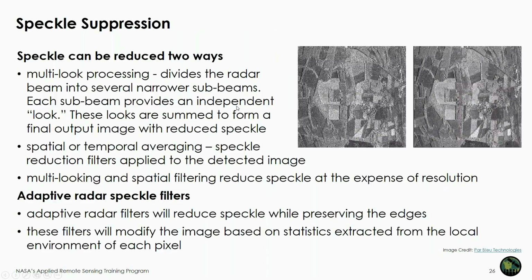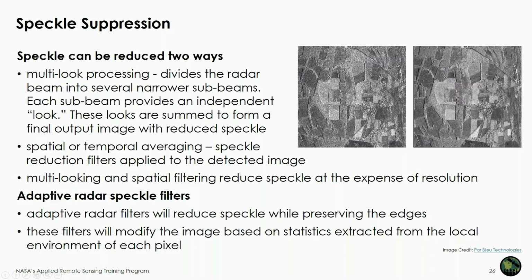There are various processing ways to reduce the effects of speckle before we do any information extraction from radar. Multi-look processing is one typical way to reduce speckle noise. And this is where we divide the radar beam into several narrow sub-beams, and each sub-beam provides an independent look.